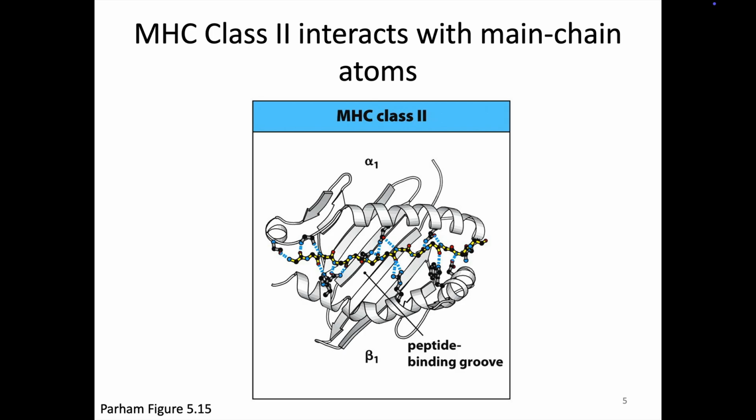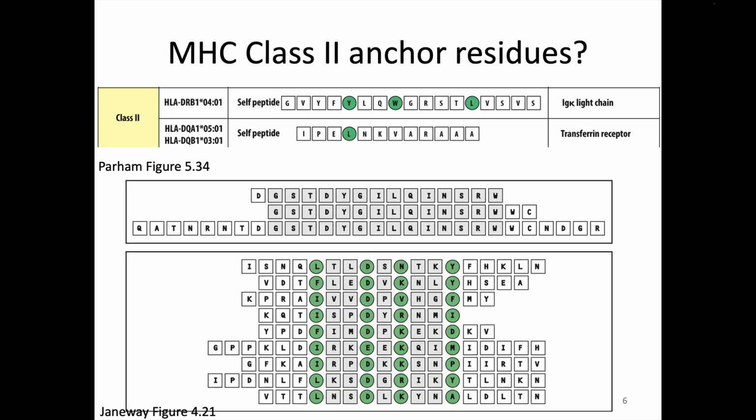That's really what we're seeing interactions with, not with the R groups. And so MHC class 2 is much less specific in terms of the peptides that it will bind. And so there really aren't anchor residues in MHC class 2.